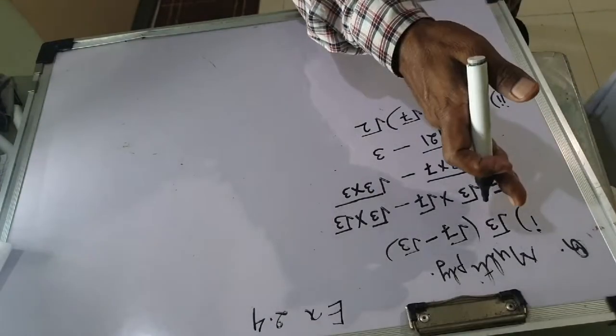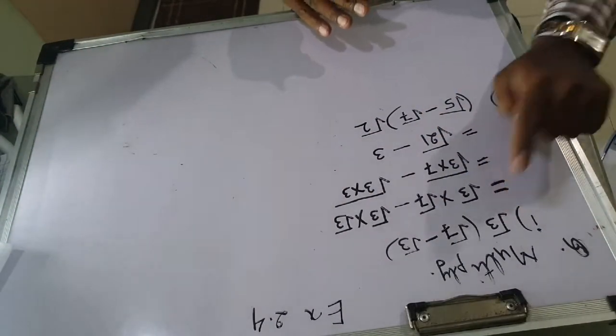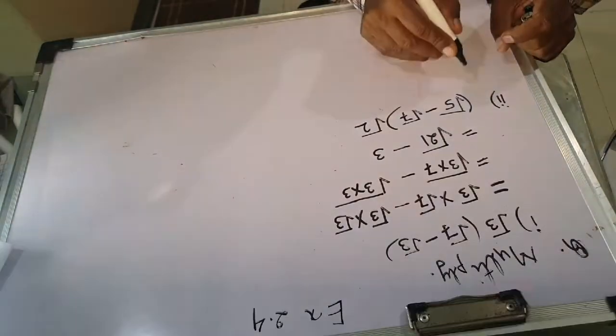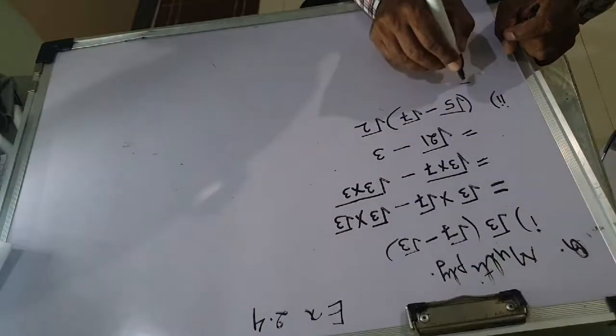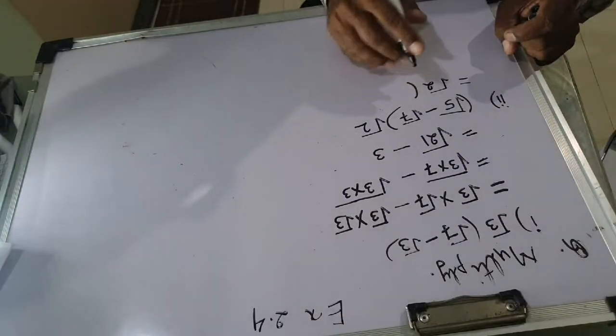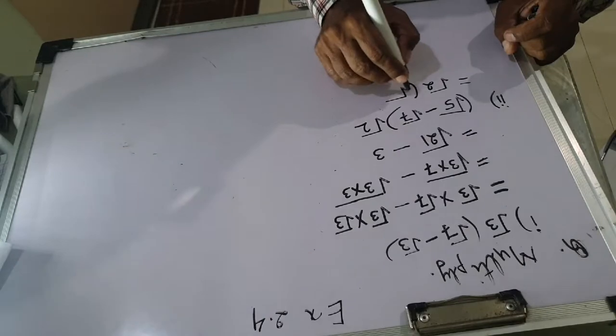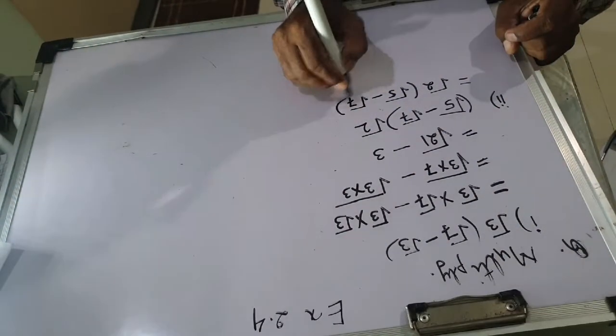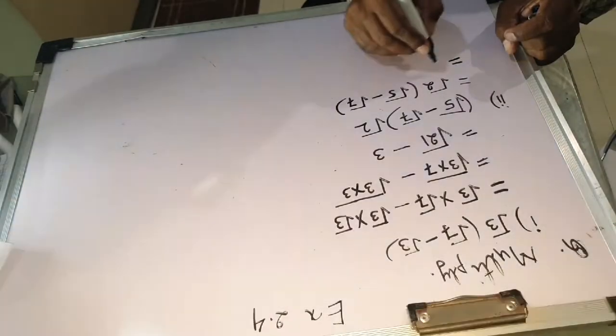Here in this case, root 3 was given on the left side. Here root 2 is given on the right side. It is one and the same. For your convenience you can write like this: root 2 into root 5 minus root 7. So you can simplify it like this.